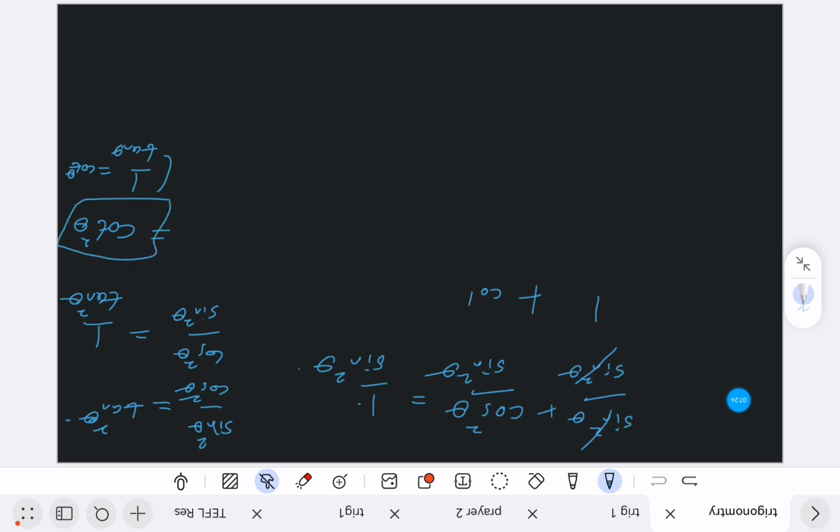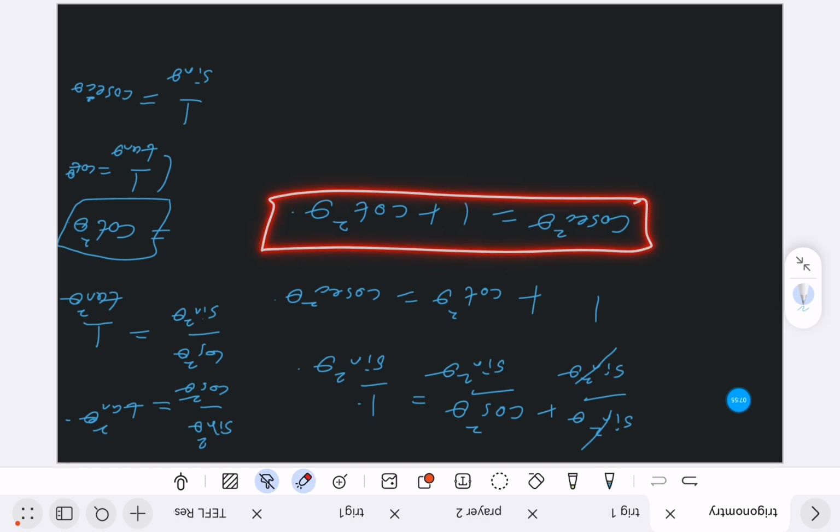So 1 plus cot squared theta is equal to, what is the inverse of sin theta, 1 out of sin theta? This is cosec theta actually. Okay, so this is cosec squared theta. This is another identity, so cosec squared theta is equal to 1 plus cot squared theta.